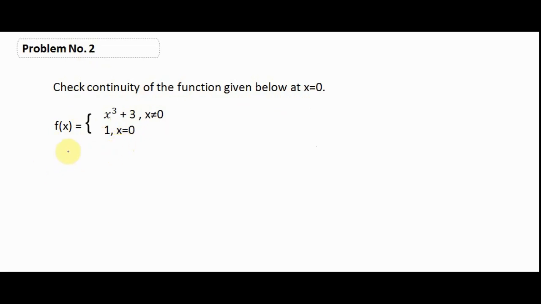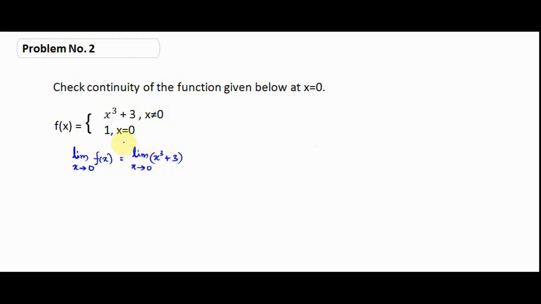So here let's calculate the limit of the function at the point x equal to 0. Limit x tends to 0 of f of x is equal to limit x tends to 0 of x cube plus 3.